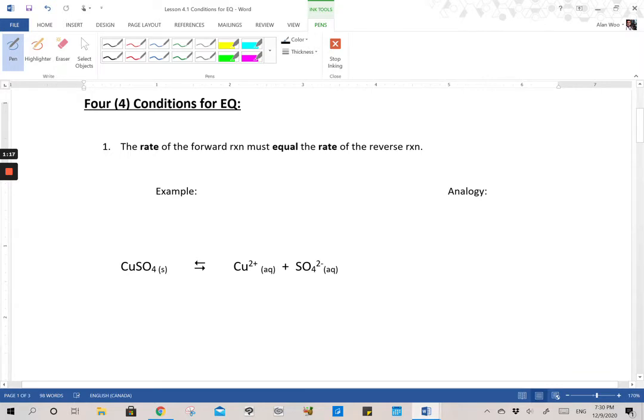So, in this example, we have copper sulfate. Now, it starts off as a solid on the reactant side, but when you look at the product side, it's been dissociated into its ions. So you have copper 2 plus ions, and you have SO4, which are the sulfate ions. Now, if we're talking about equilibrium, we have to have the double arrows present, because the double arrows tell us that this reaction is reversible.